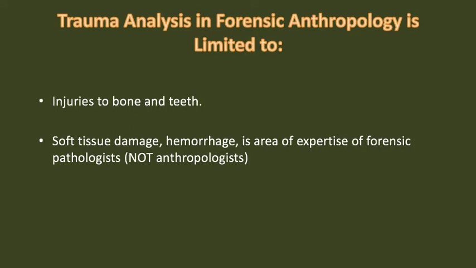The soft tissue damage, if there's hemorrhaging or bruising or cuts to the soft tissue, those are going to be falling under the purview of the forensic pathologist and not the anthropologist. So as we've talked about before, it's always really important to be aware of the limitations of your expertise as a forensic anthropologist.